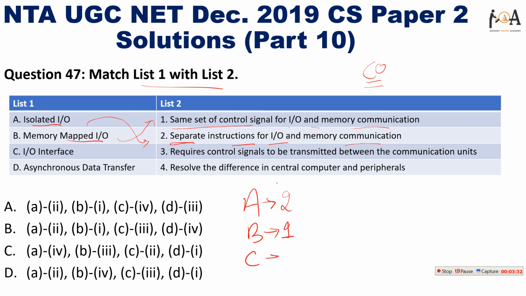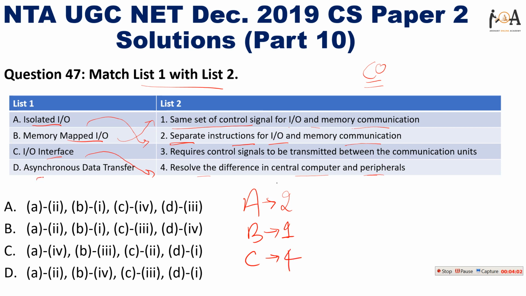And then C is there. The IO interface basically resolves the differences between the central computer and peripherals. Several peripherals are there, suppose cache memory, registers and main memory. To resolve differences between the central computer and peripherals, we use the IO interface, so C will be with 4.